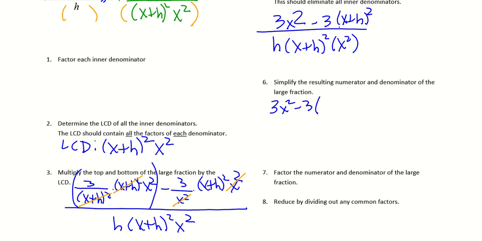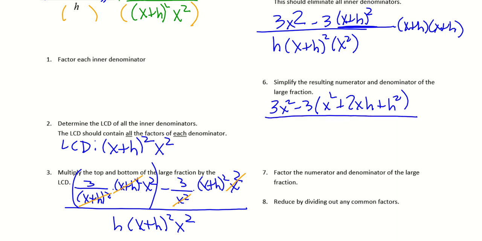If we square this x plus h squared, that's to multiply an x plus h times an x plus h, we get x squared plus 2xh plus h squared. And that's all over, remember, we're going to leave this denominator in factored form. We're not going to multiply it back together.